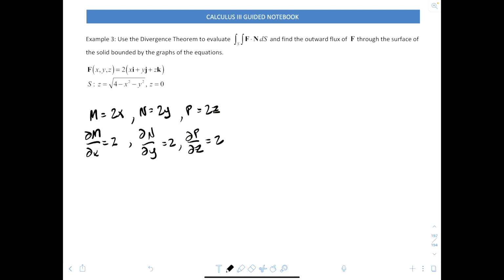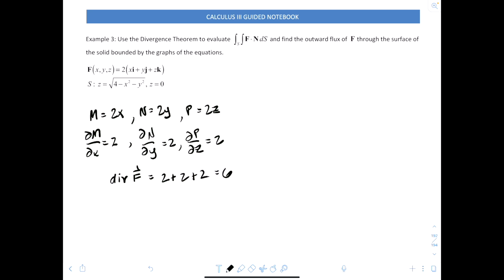So when I square each of these and add, or no, I don't need to square them. When I add these together, do you see that I will have 6? So that makes the divergence of F equal to 2 plus 2 plus 2, which is 6.